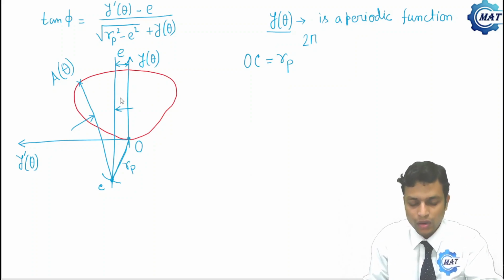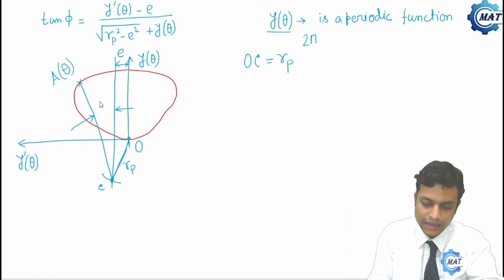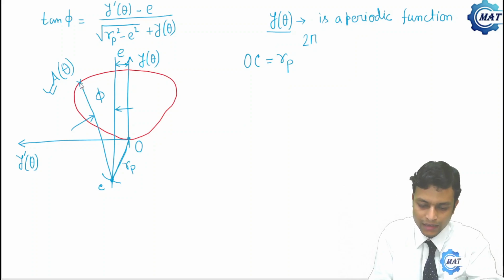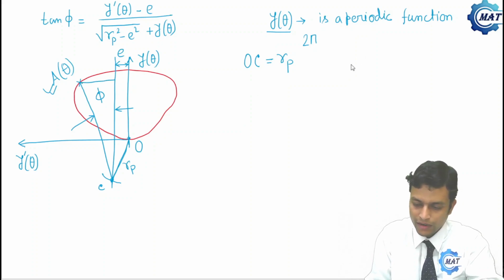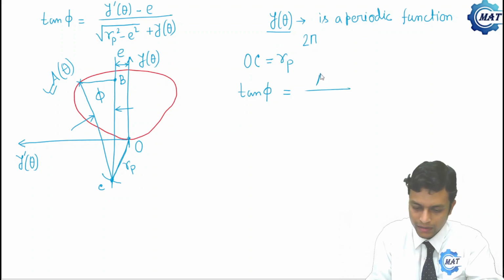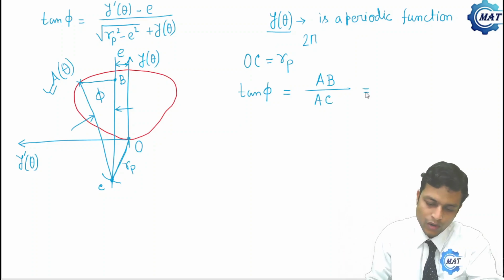This angle will always be phi; it represents the pressure angle at the corresponding theta location. Let me show how this is phi. If this is phi, then what is tan of phi? Say this point is B, then tan of phi is AB by AC. What is AB?